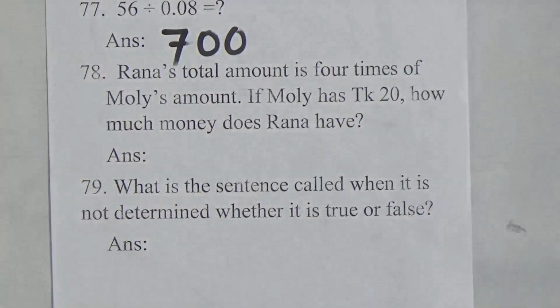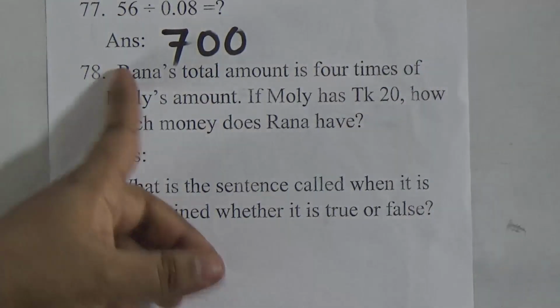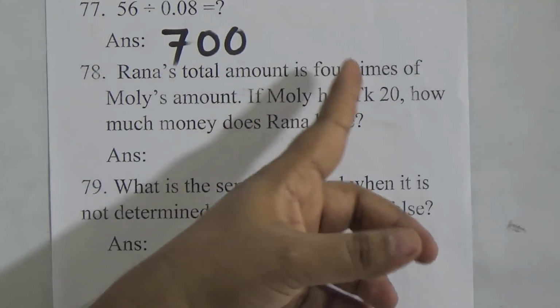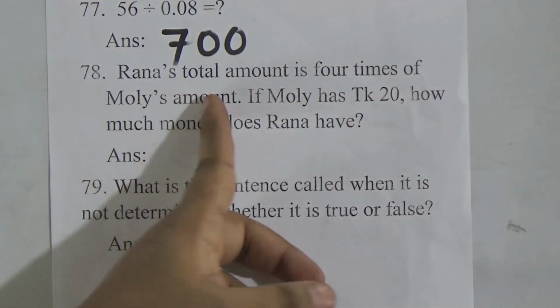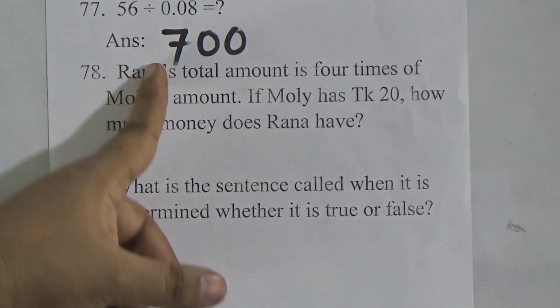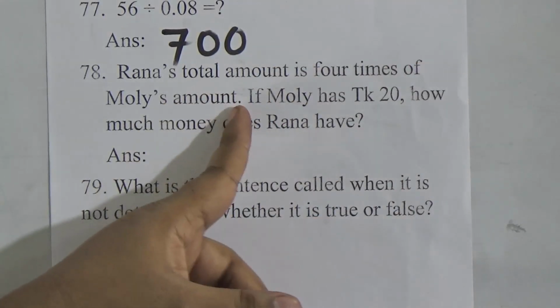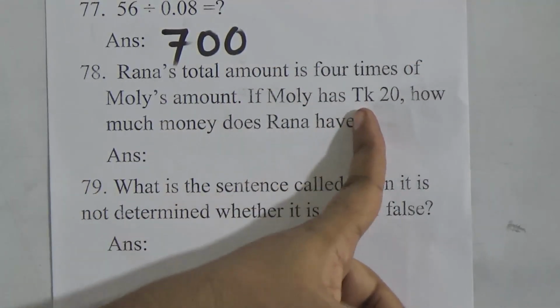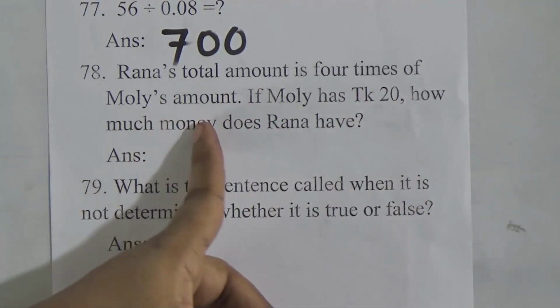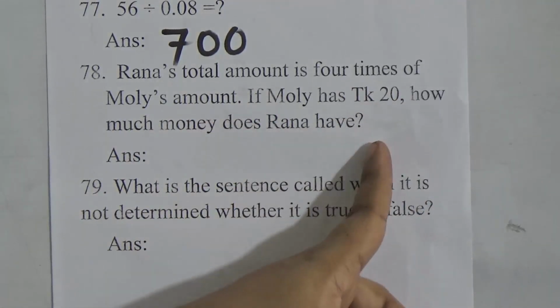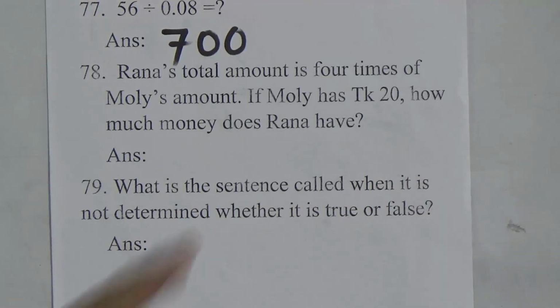Next, question number 78. Here you notice, Rana's total amount is 4 times Molly's amount. If Molly has 20 taka, how much money does Rana have? So we need to find out Rana's amount.